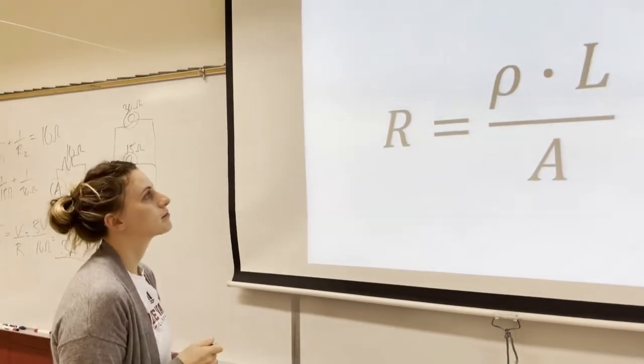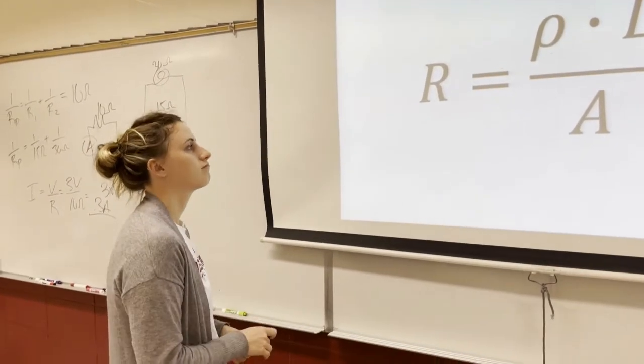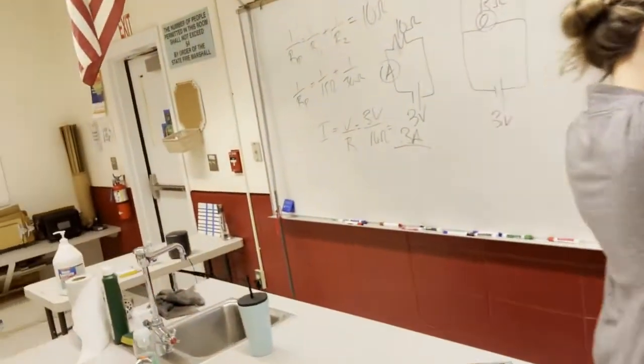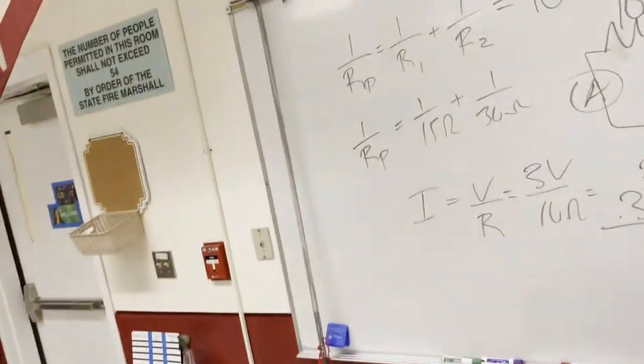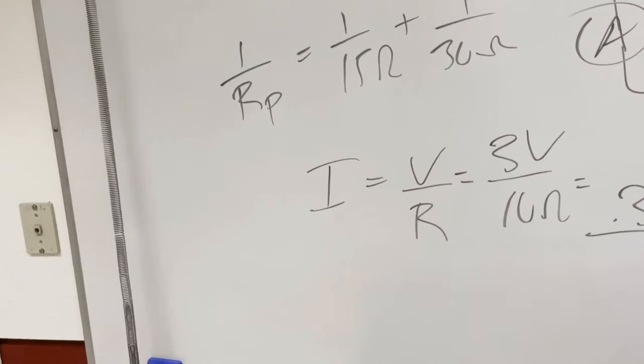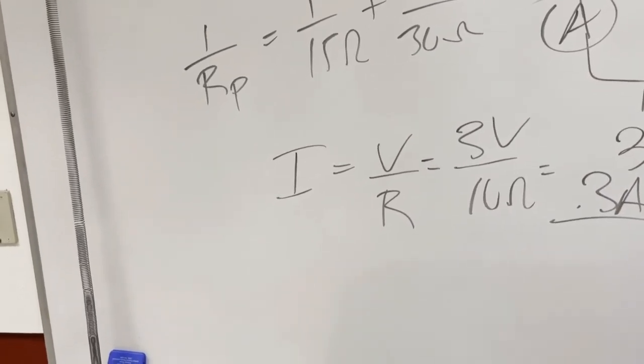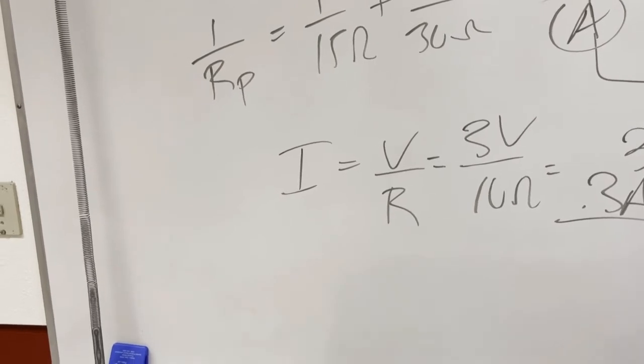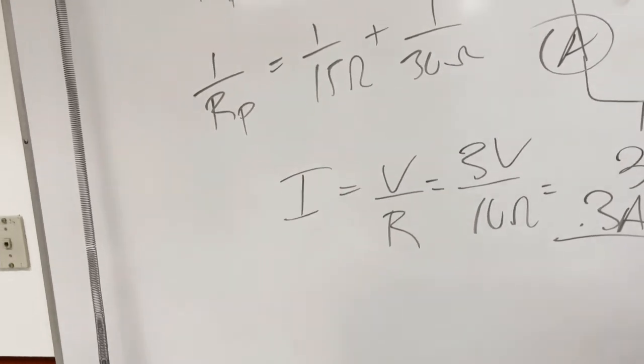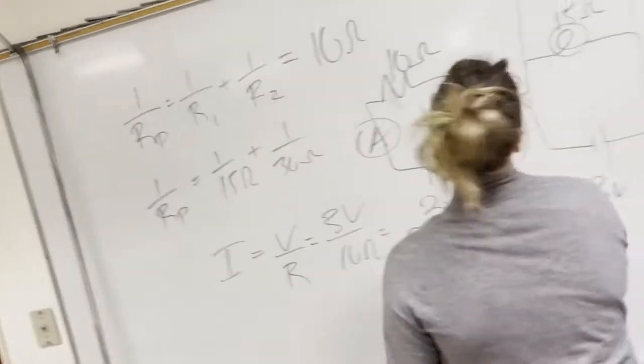If there's less resistance, more current flows, and if there's more resistance, less current flows. It's I equals V over R. More resistance, since it's an inverse function, on the bottom of the fraction, means less current. Less resistance, more current.